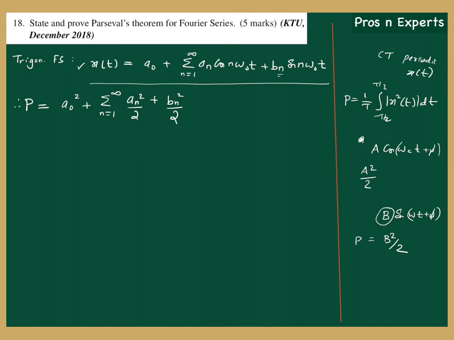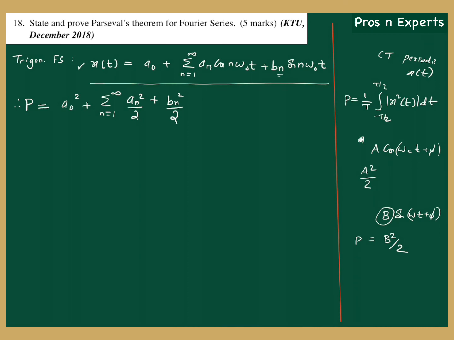If you integrate and find out the power using this equation in time domain, that same power you will get if you calculate it in the trigonometric Fourier series domain. So energy or power is conserved in a signal, whatever domain you are taking. That is Parseval's theorem, and this is a short proof of Parseval's theorem in Fourier series.